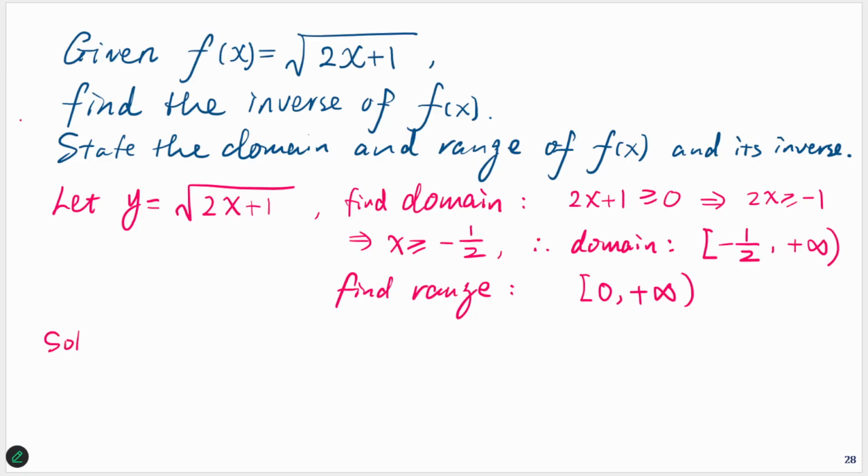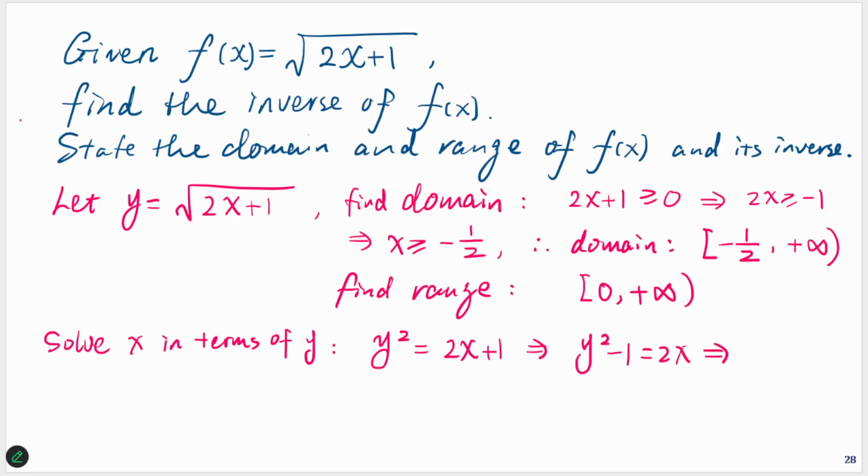So next we solve x in terms of y. In order to do this, we can square both sides: y squared equals 2x plus 1. Note that we have y squared minus 1 equals 2x, and then x equals 1 over 2 times (y squared minus 1). That's the expression of the inverse, right?